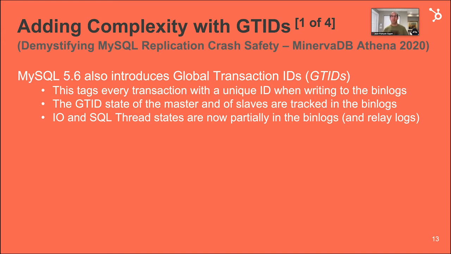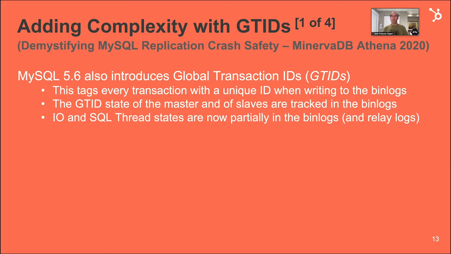But that means that the GTID is in the binary logs. So the GTID state of the master and of the slaves is now tracked in the binary logs. And also, the IO and the SQL thread states are now partially in the binary logs and the relay log. If you're using GTIDs for replication, you need a good GTID position, and this position is in the binary logs.